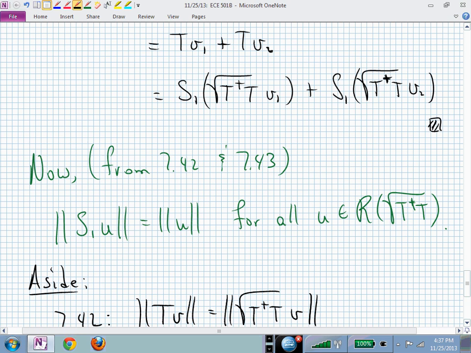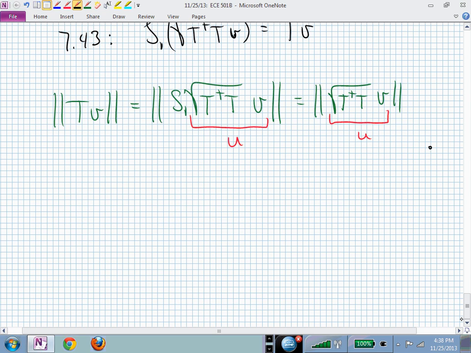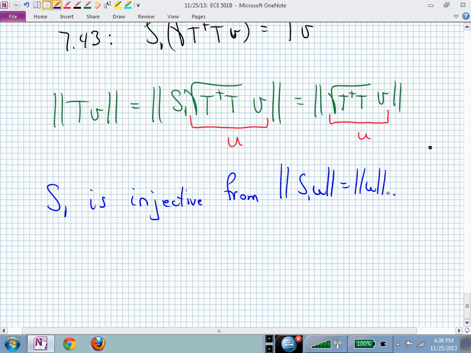So now that S1 has a trivial null space, we know that S1 is injective. And now we can play all of those games that we know about maps being injective. So we know S1 is injective from this norm relationship.